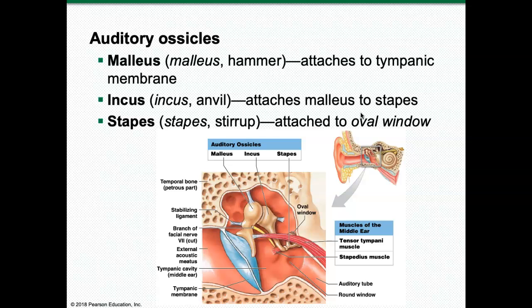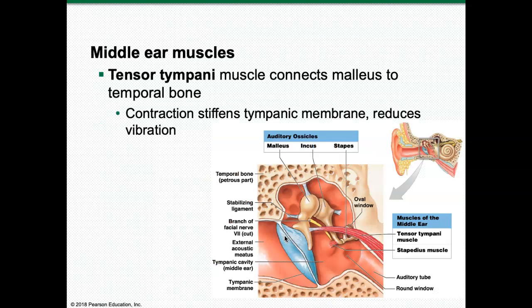The three auditory ossicles are the malleus, which is the first one. The malleus attaches to the tympanic membrane. The incus is right in the middle. It attaches the malleus to the stapes, and the stapes attaches to a structure called the oval window. You will also see in this area of the middle ear cavity a tiny muscle called the tensor tympani, and that connects the malleus to the temporal bone.